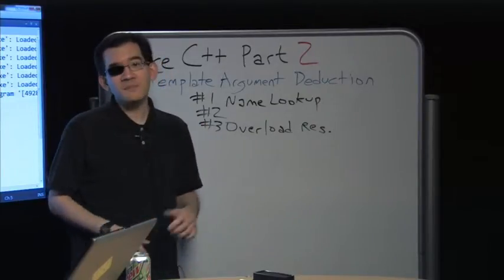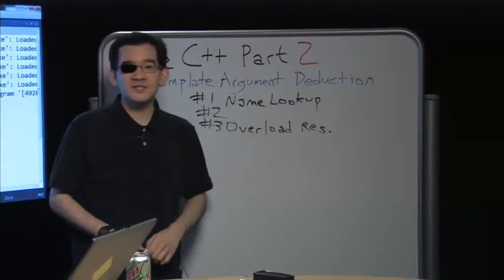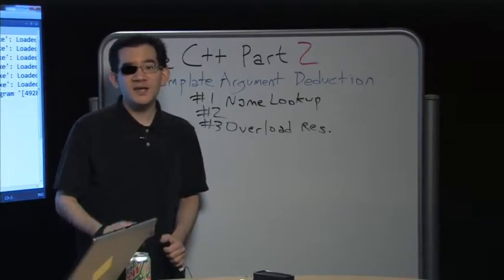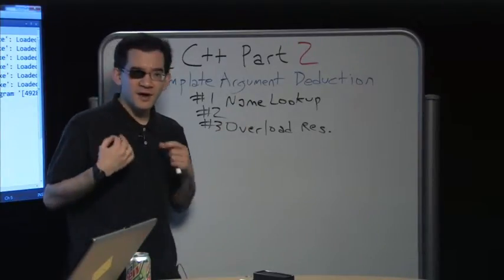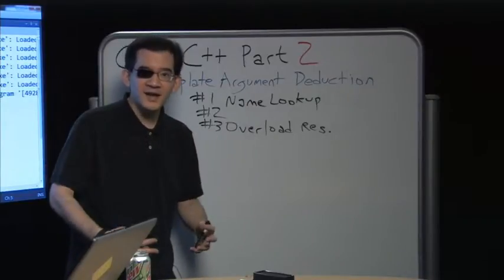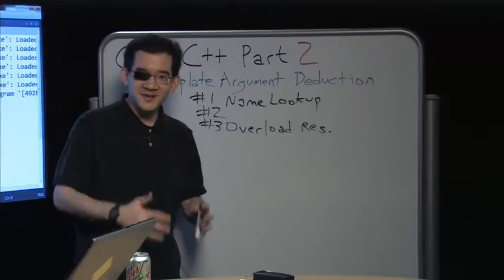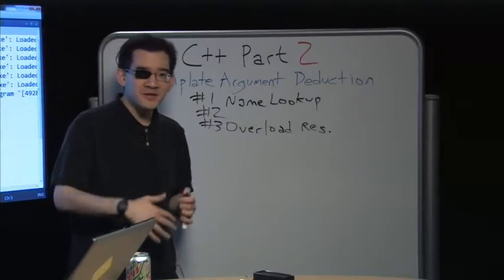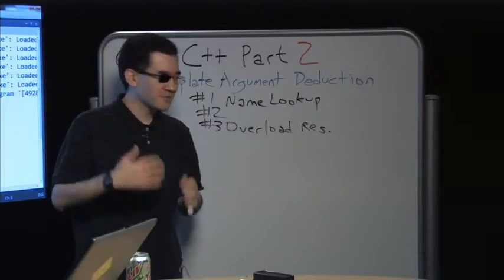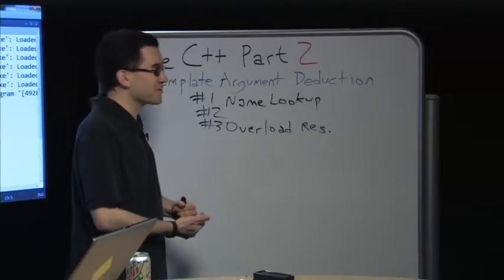Template argument deduction, which is what we're seeing today, has filled in any missing template arguments, and then they all enter into an arena and battle it out in overload resolution. So either one will emerge the victor, or an ambiguity will be declared, and basically everybody ends up dead, and you have a compiler error.